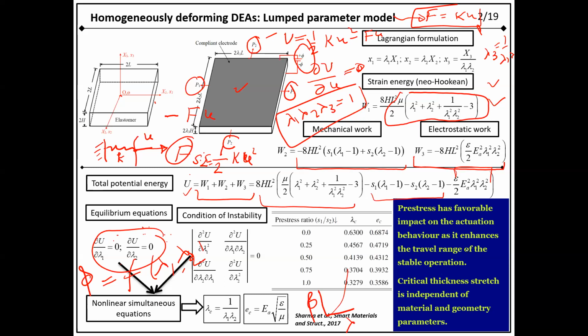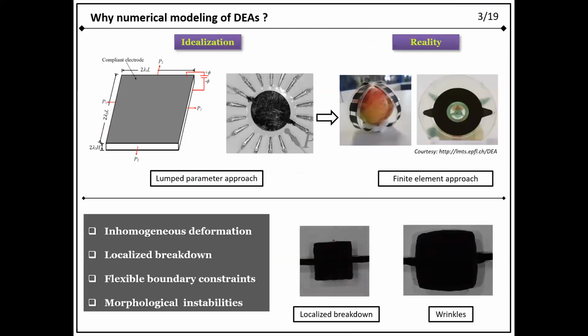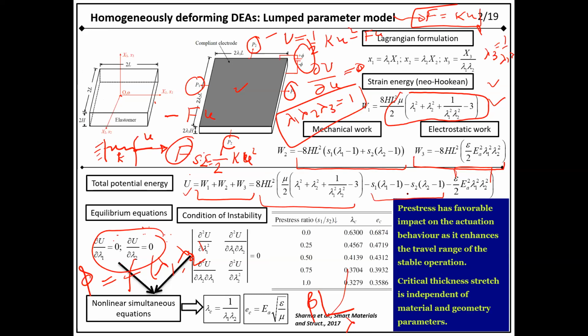So what happens at a particular point? This is what I call the pull-in instability, or the electromechanical instability. If you apply a potential difference, you know the thickness is reducing. There will be a point where there is an imbalance between the external force and the internal force, or we can say the body is not able to resist the applied external force.